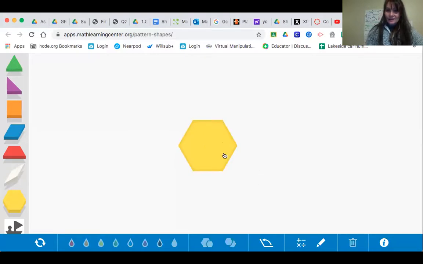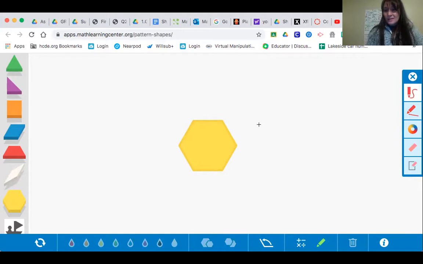Great thinking, guys. I noticed it too. This hexagon has a lot more sides than the other shapes. Let's count them. 1, 2, 3, 4, 5, 6. It has 6 sides.